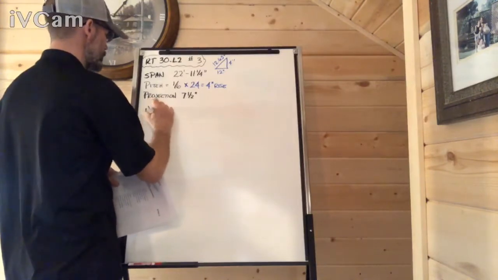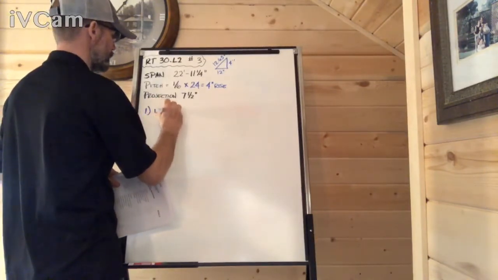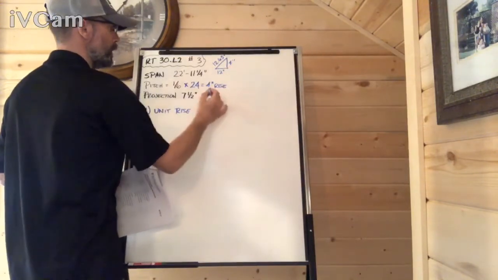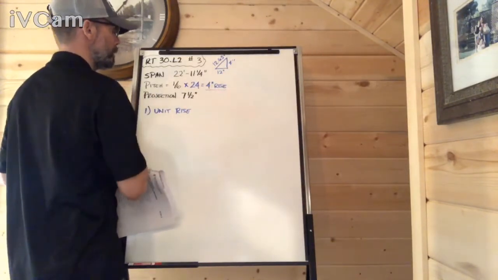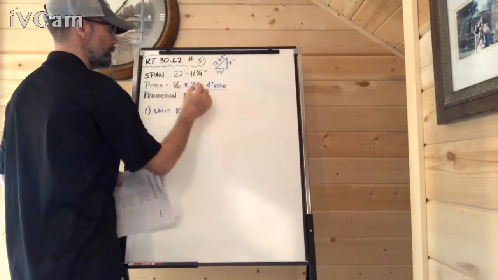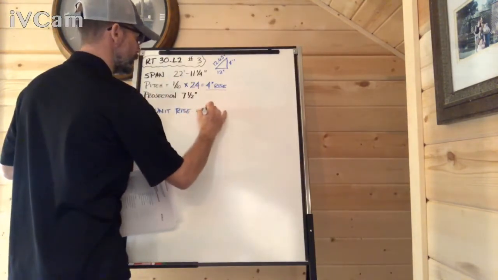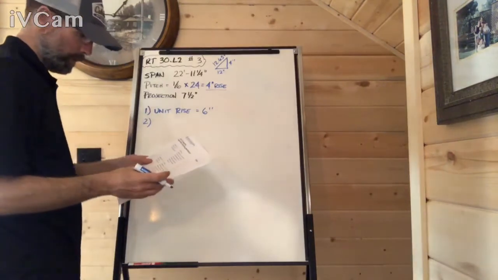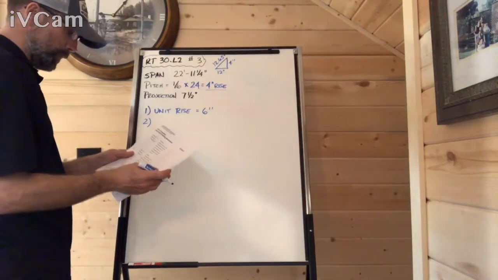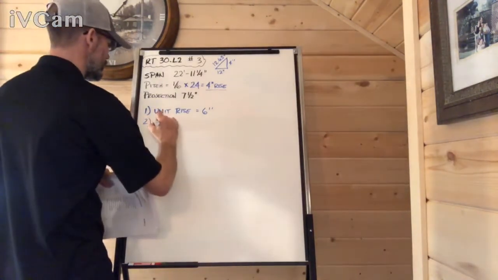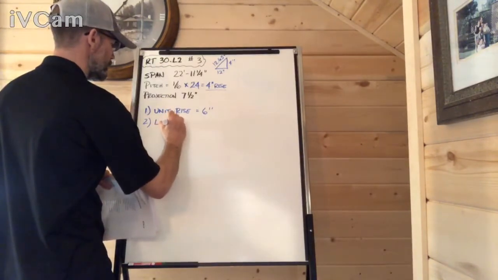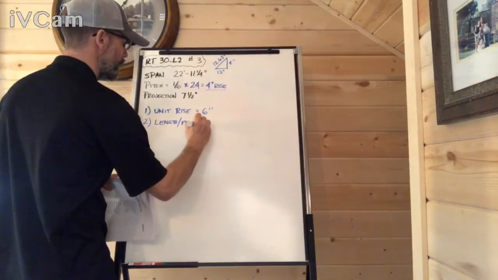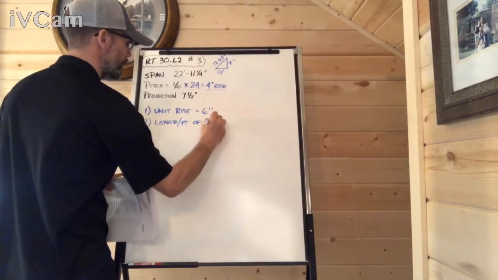So number 1, unit rise, 4 inches for every 12. We found that out right here, converting our pitch to our slope. Number 2, length per foot of common rafter.